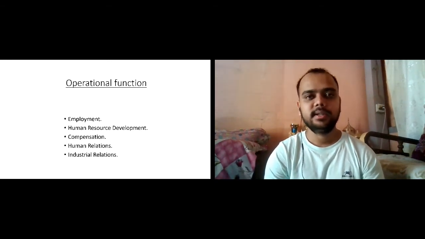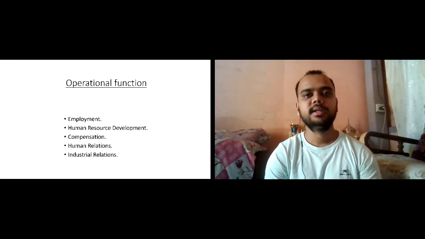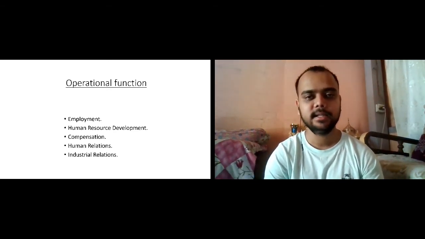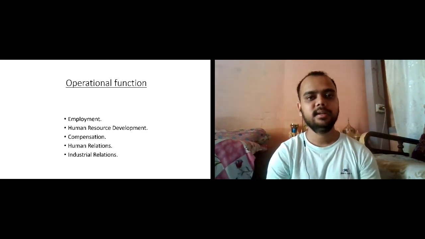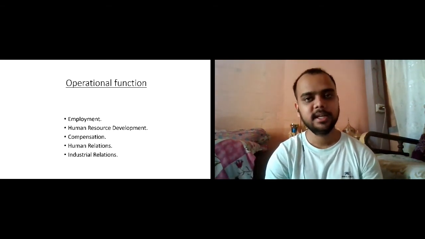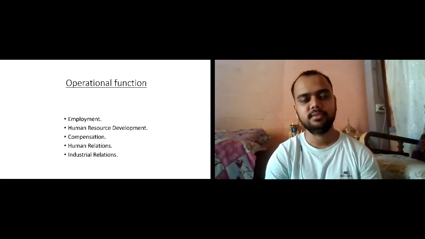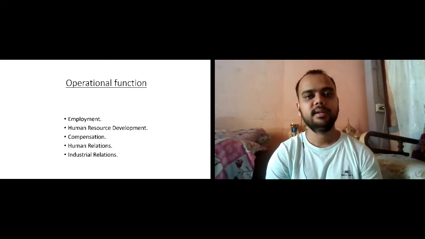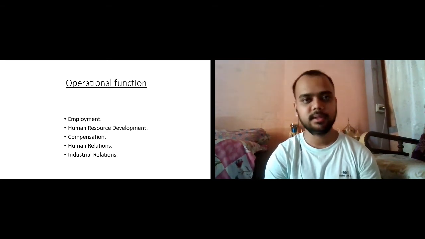Next is industrial relation. As I have already told in the scope, while I was discussing the scope, the third scope talks about human resource management and industrial relation. So industrial relation, once again, let me brief you. Industrial relation tries to maintain a cordial relation, or it tries to maintain a better working condition between the employer and employees, or the manager and the laborers.